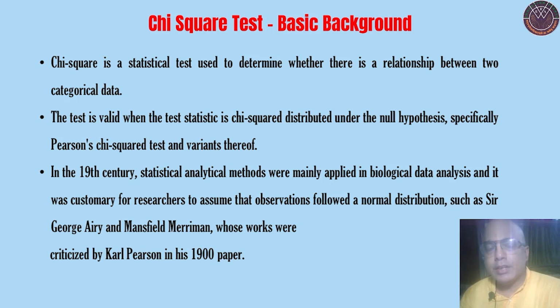He was saying that no, all the distributions are not normally distributed, and where the normal distribution is not there, you have to use other types of tests which are non-parametric in nature, and this chi-square test is one of those tests which comes under non-parametric tests. So when the data is not normally distributed, you are performing chi-square tests.